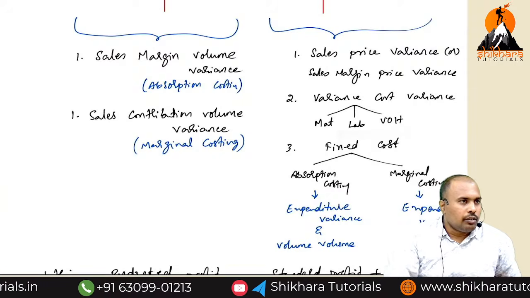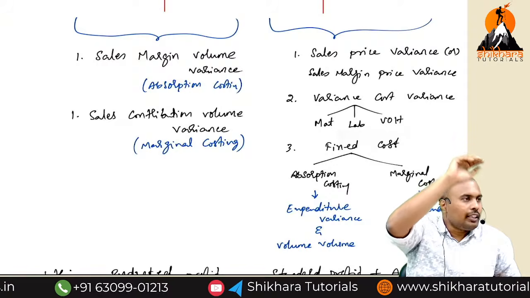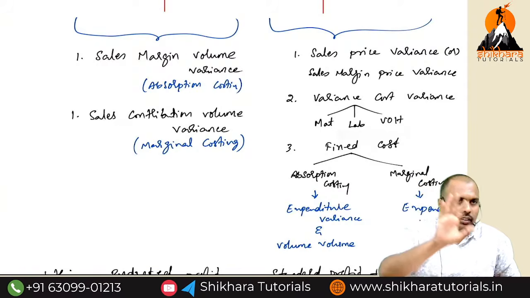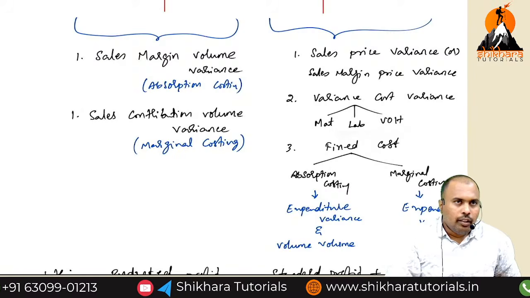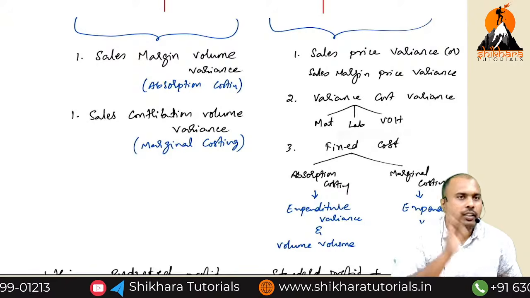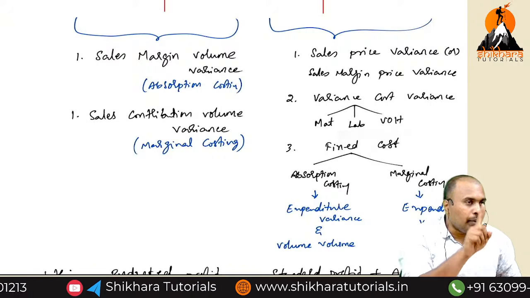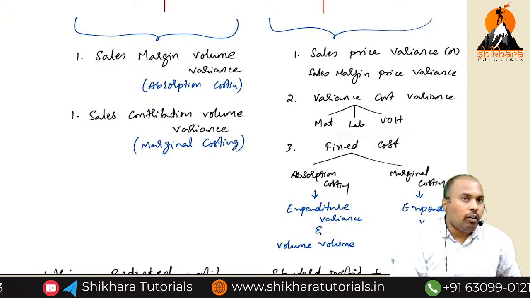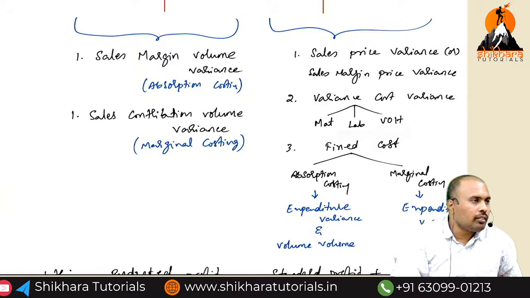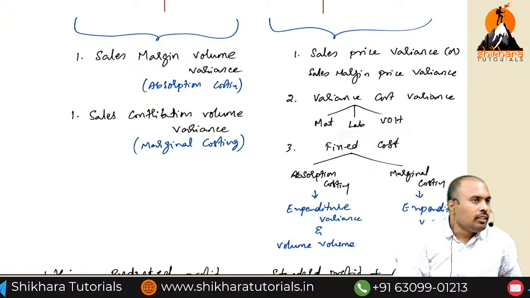Clear. So start with budgeted profit, adjust only the sales margin volume variance, and you will get standard profit. To this standard profit, what all do we have to adjust? First, the sales price variance, or the sales margin price variance. Adjust either one, because both will give you the same answer.